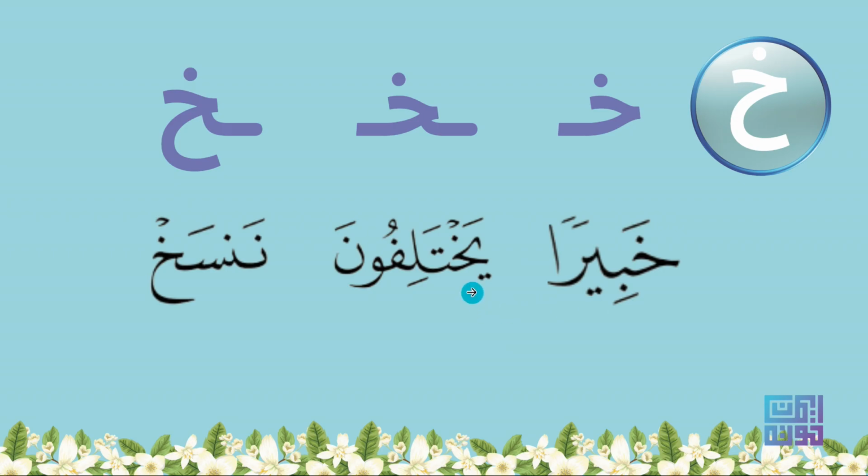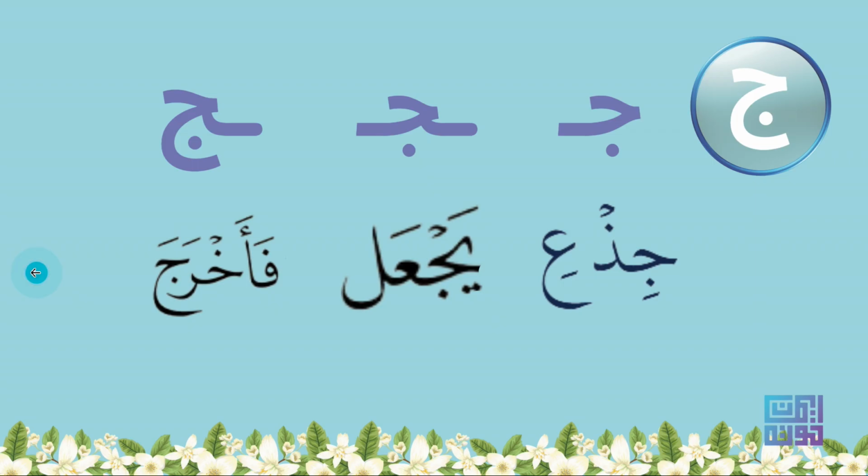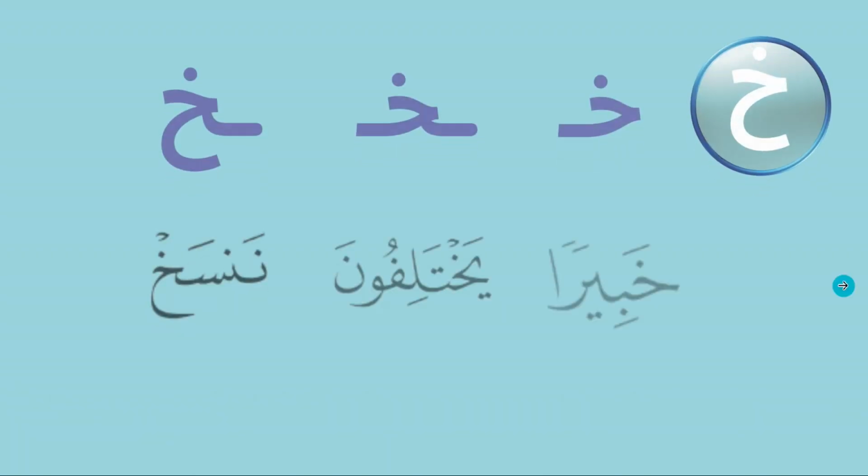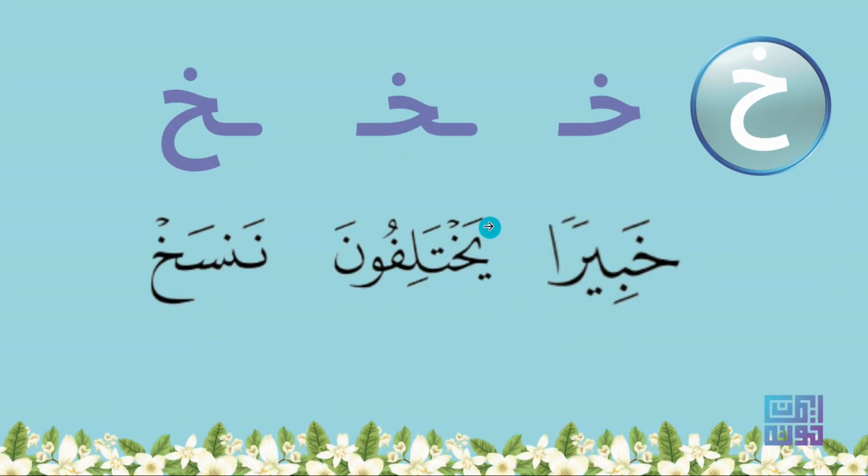Here we have the same thing, like the one we just finished with the jim, the ya and then the jim, and here it is exactly the same. The word starts with the letter ya, and then comes the letter kha with a dot above.